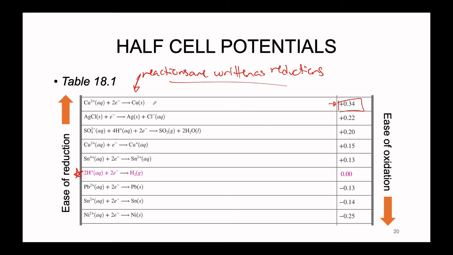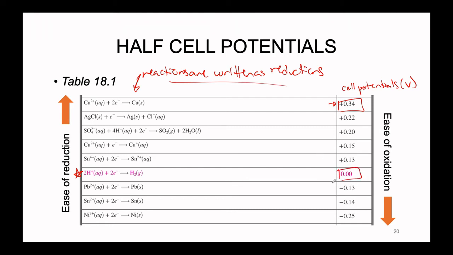And we can see as we work our way down the table towards the standard hydrogen electrode that all of the cell potentials, which are on the right, all measured in volts, decrease until we get to the standard hydrogen electrode where the value is 0.